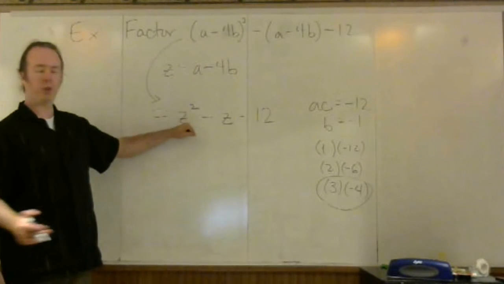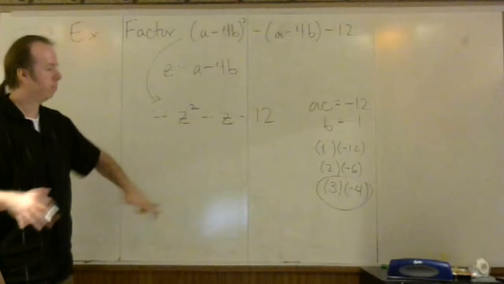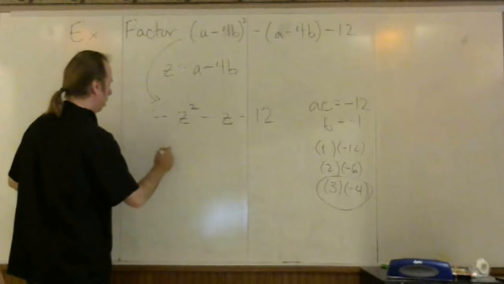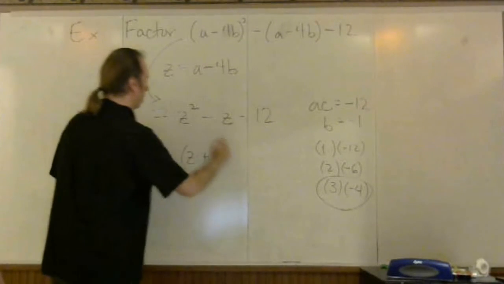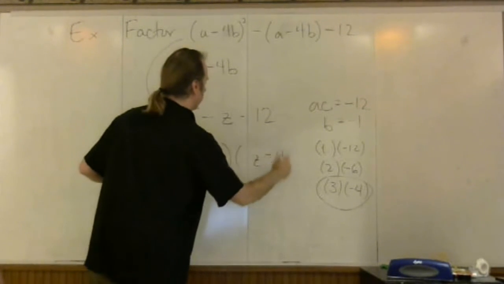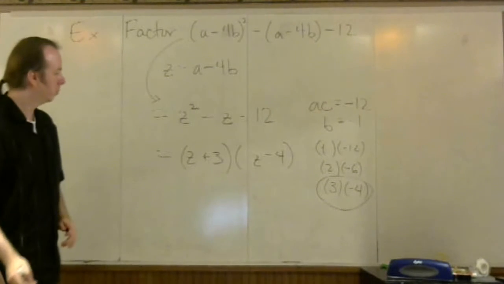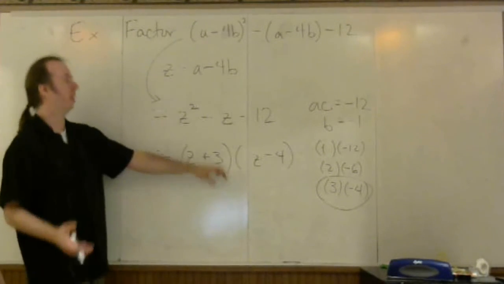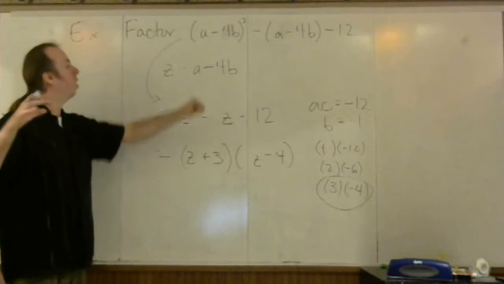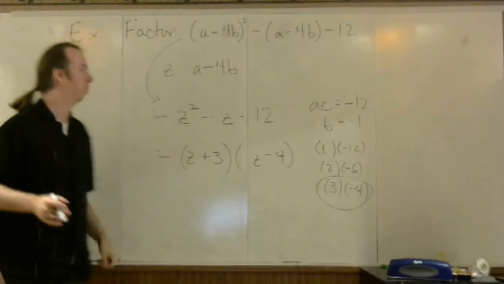And since I don't have a coefficient on the z, I can just use those inside the factors. So I get (z + 3)(z - 4). Normally we'd be done, but we did this substitution. We need to go back and resubstitute that.